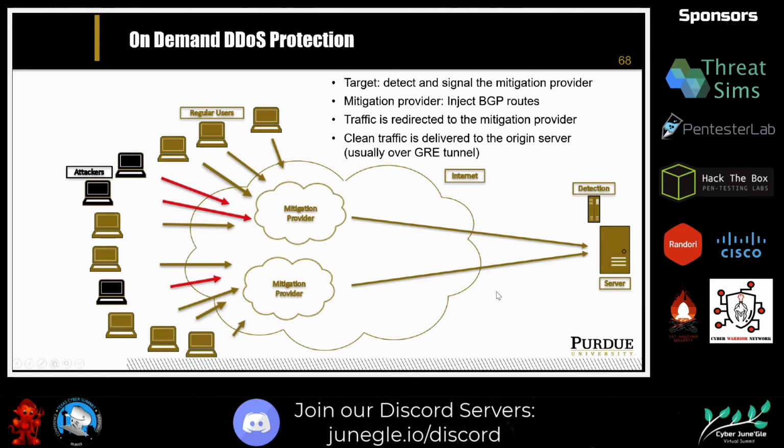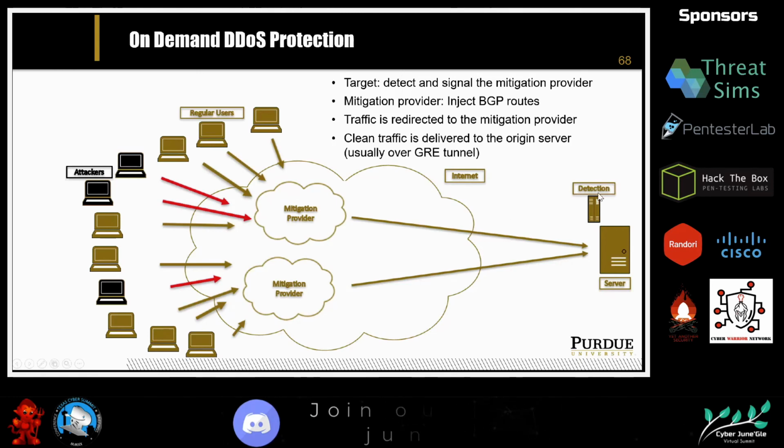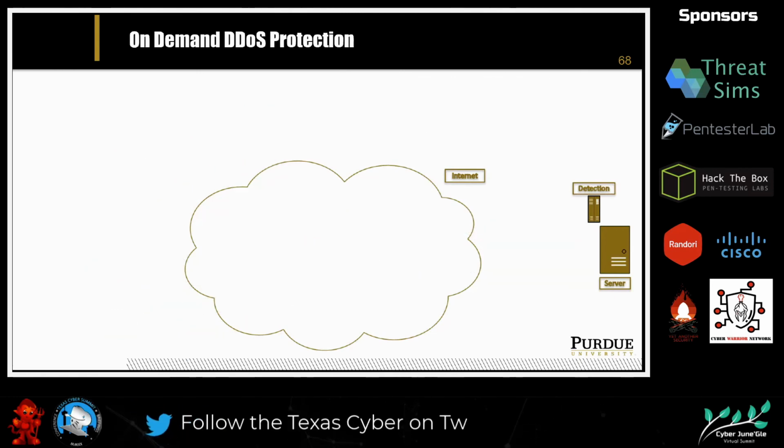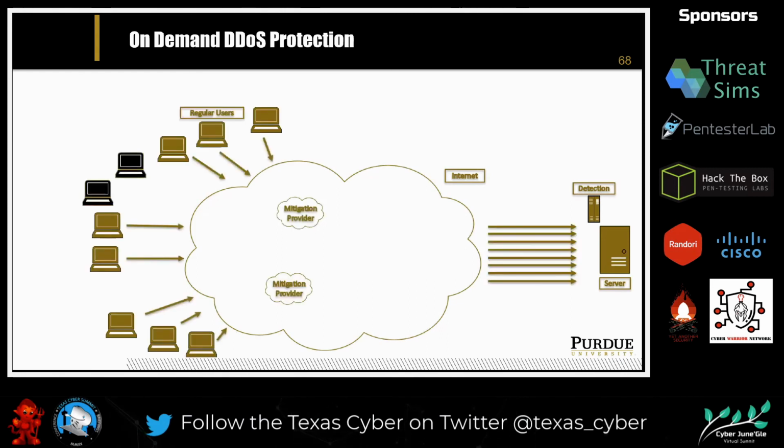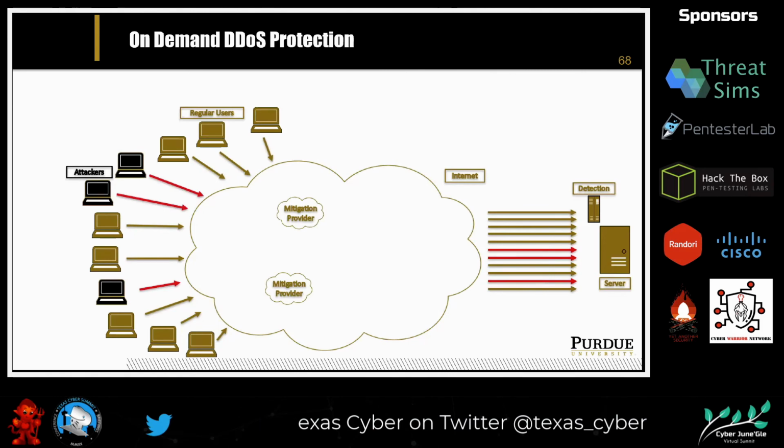Now, there's also another consideration, the timing of the attack. So we have detection first here. Then after the detection, usually it will have to be a human being that will be paged, that will have to decide if they want to authorize this. I think a lot of businesses are risk averse and they don't do the automatic redirection.